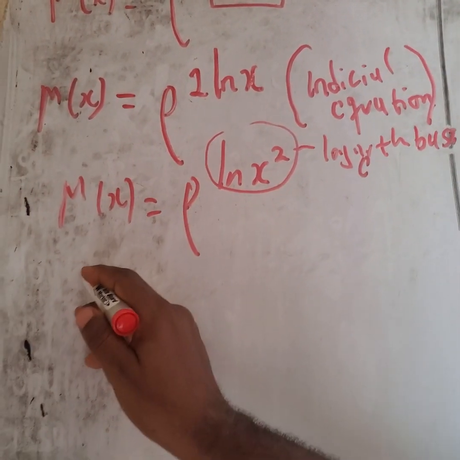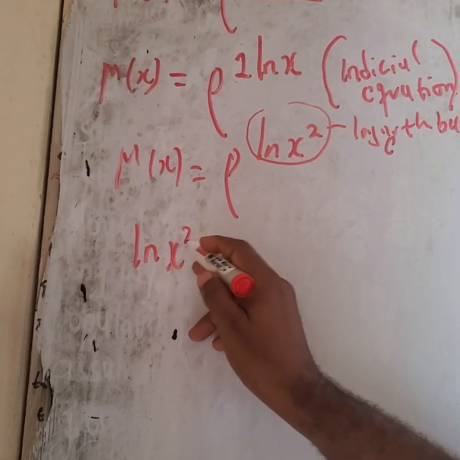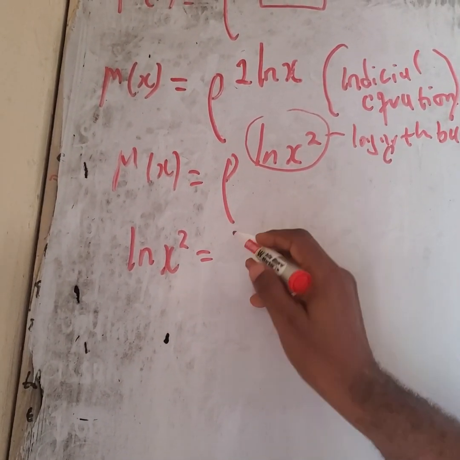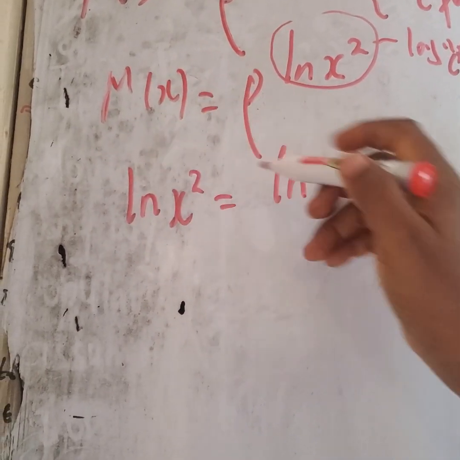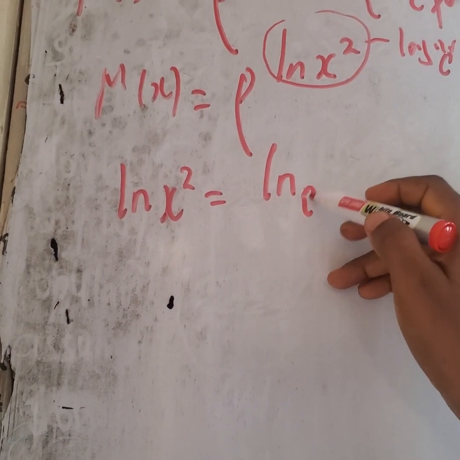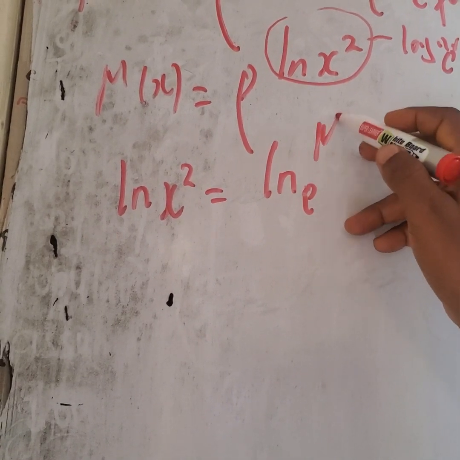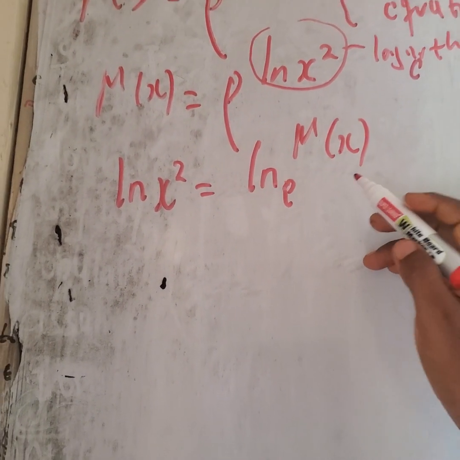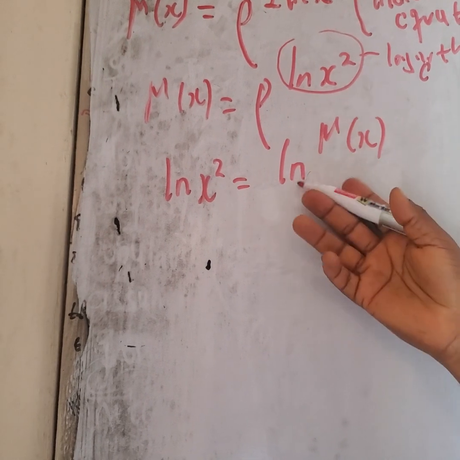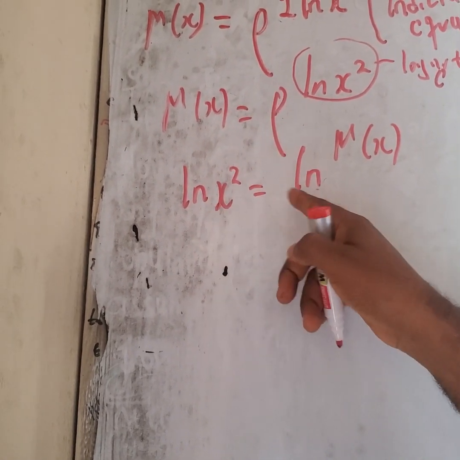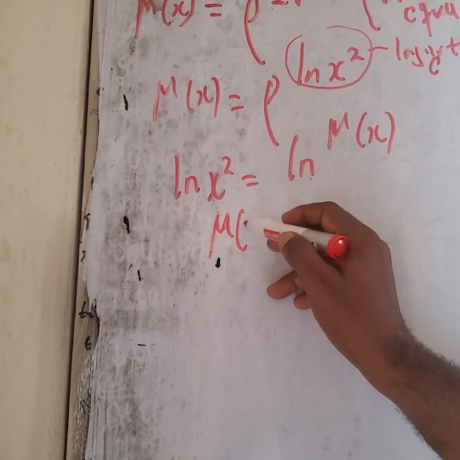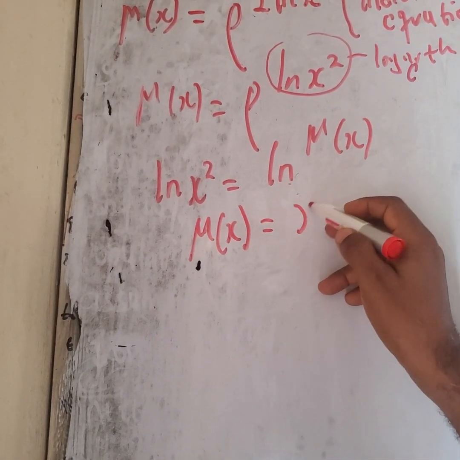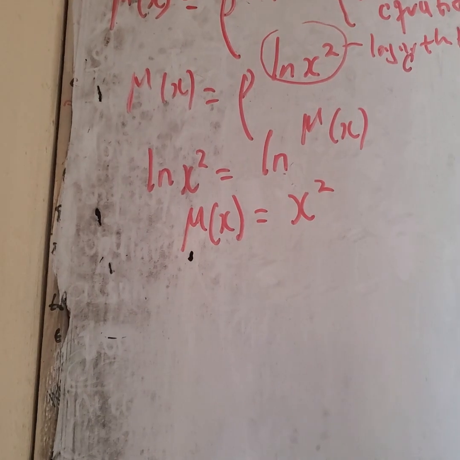Since we have ln on both sides, whatever is inside will be the same. Therefore, my integrating factor mu, which is a function of variable x, is equal to x raised to power 2.